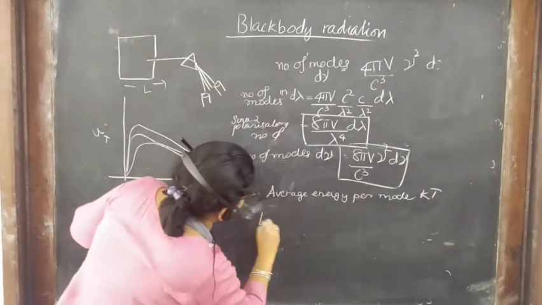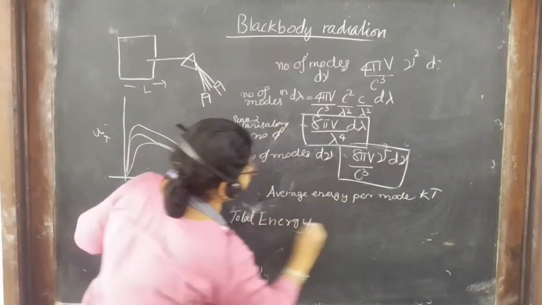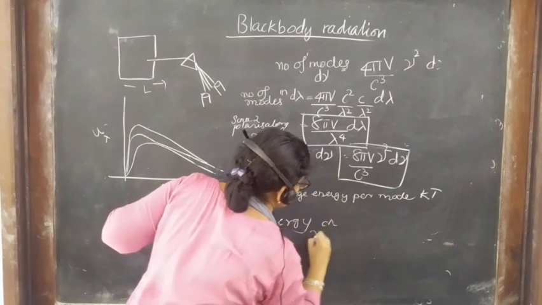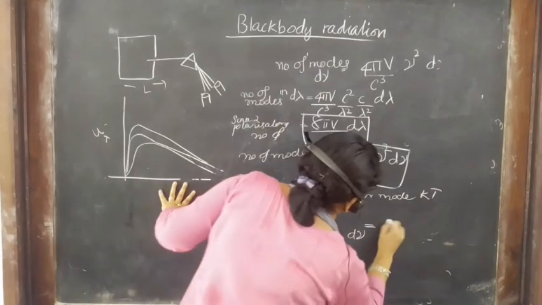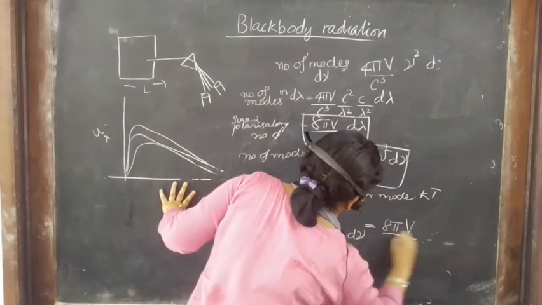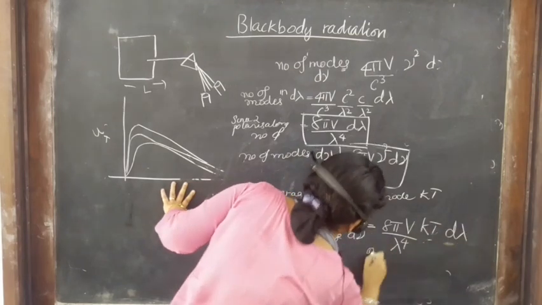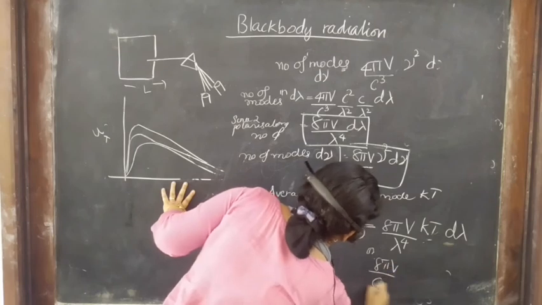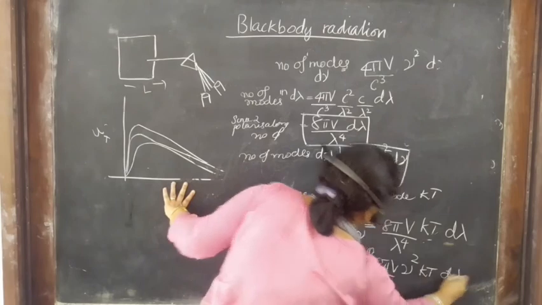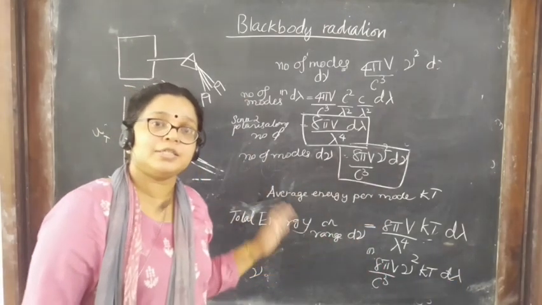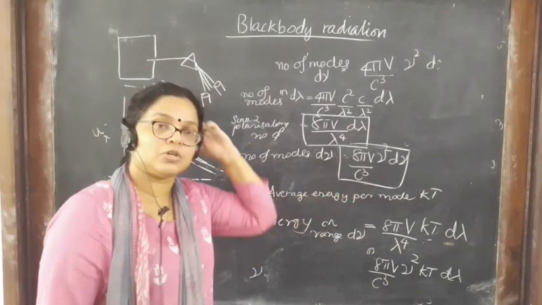So the total energy in the interval d lambda will be this into 8 pi l cube by lambda raised to 4 into kT d lambda, or 8 pi l cube by c cube mu square kT d mu.